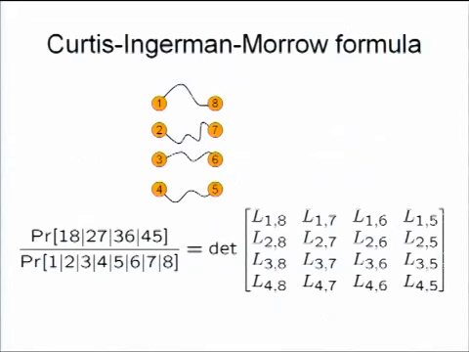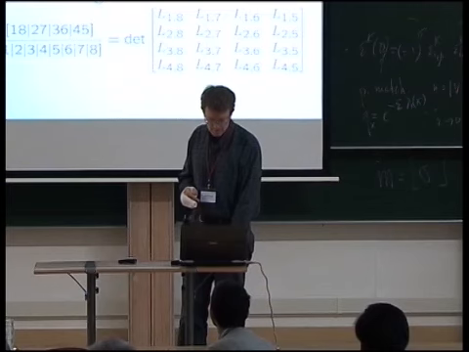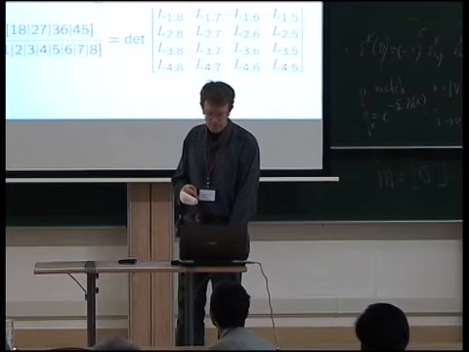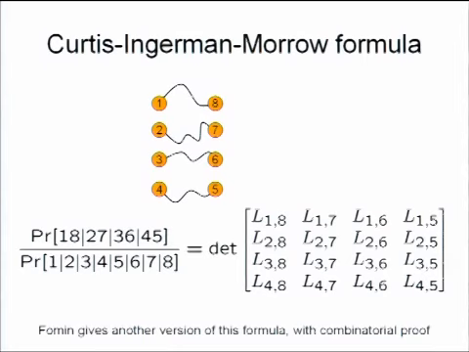And this is the Curtis-Ingerman-Morrow formula. If you have pairings of this sort, you get a determinant of the L matrix. And this is somehow analogous to, but slightly different than, Fomin's formula, since in Fomin's work he used different variables besides the L's and a different normalization.